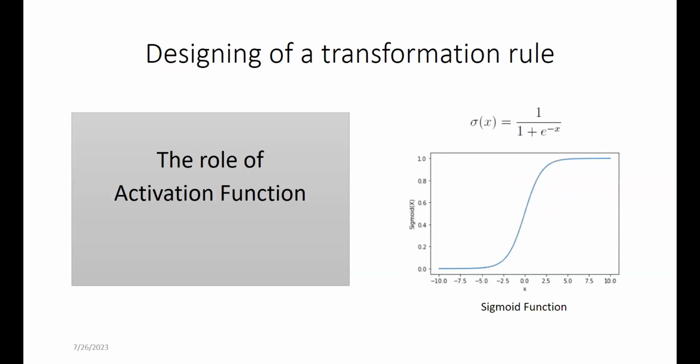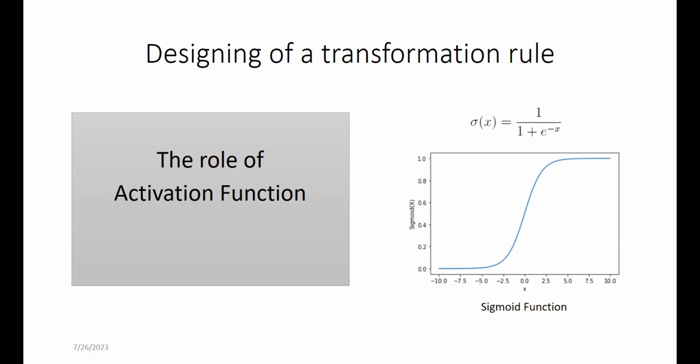So here comes the role of the activation function. An activation function is basically a kind of decision maker function. Those who are aware of the basics of artificial neural networks know there is a class of activation functions available, and their role and objective differ depending on what kind of objective you want to achieve. If you are trying to classify, then the sigmoid function is one of the good choices.